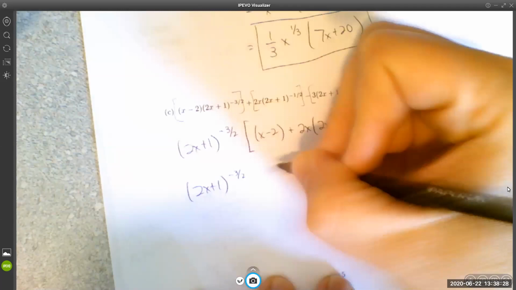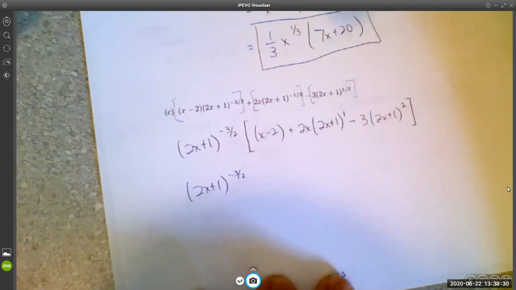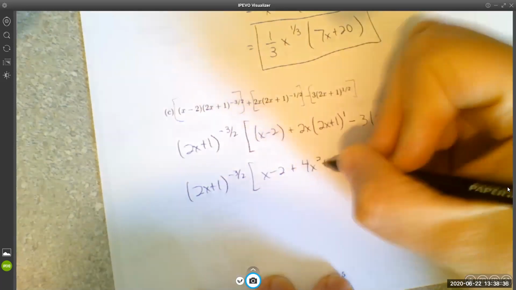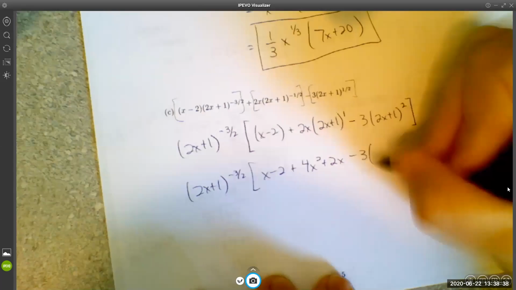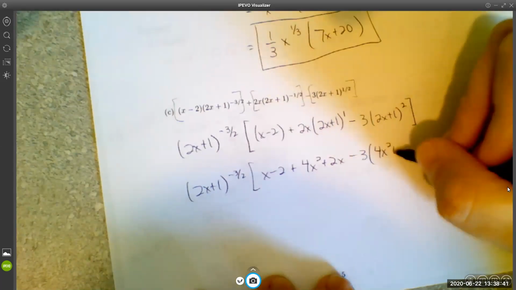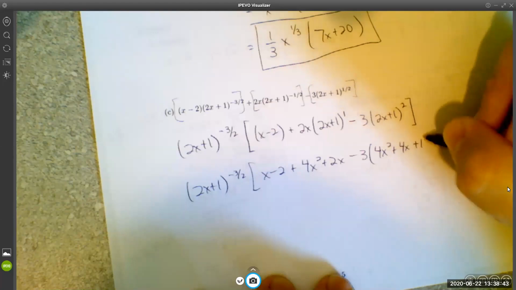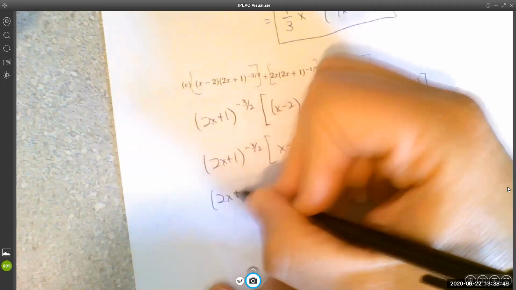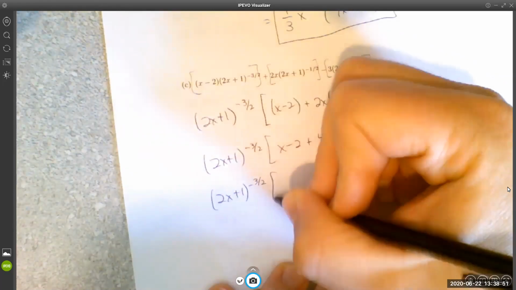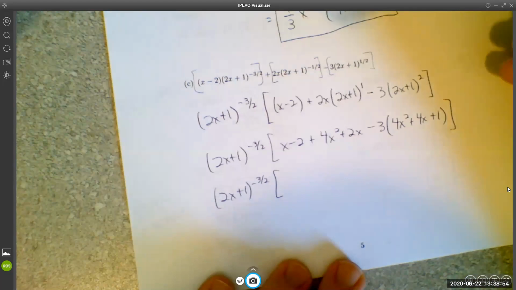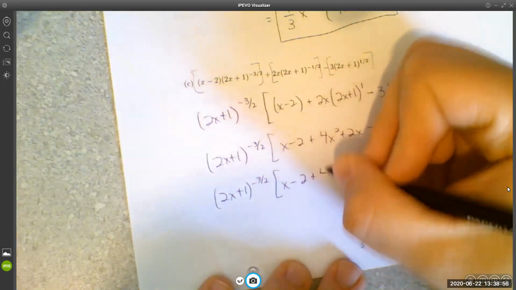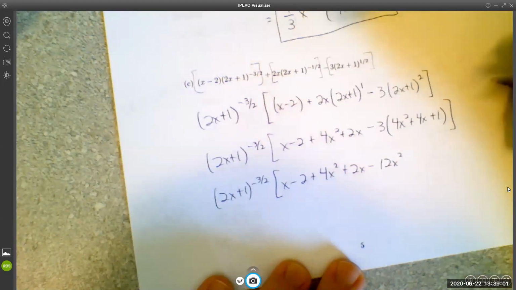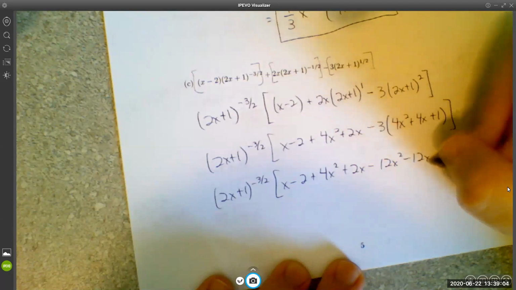Let's see. So this is going to be times x minus 2 plus 4x squared plus 2x minus 3 times 4x plus 1. So let's see. x minus 2 plus 4x squared plus 2x minus 12x squared minus 12x minus 3.